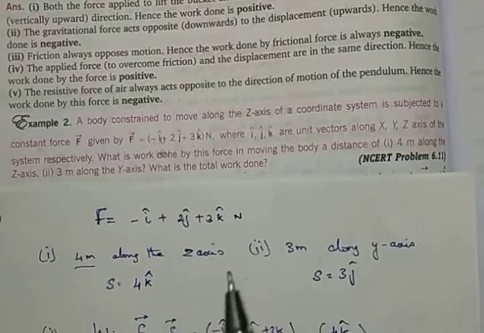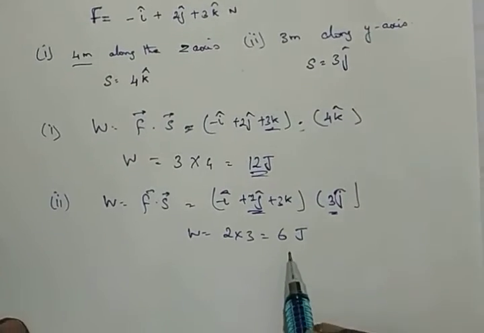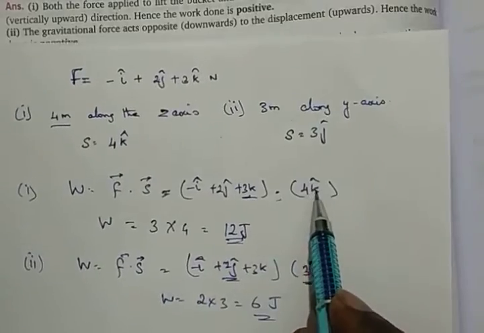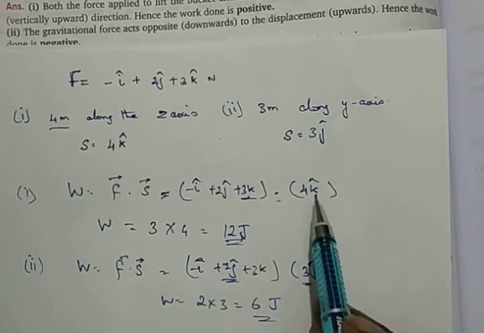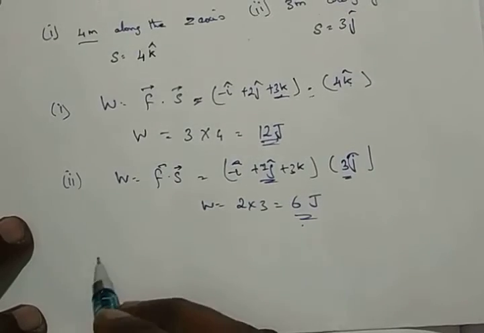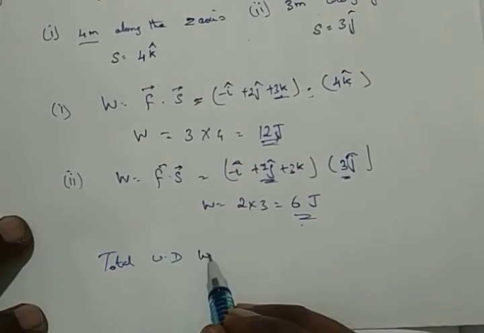What is the total work done? The first work done is 12 joules, next work done is 6 joules. Now this was from the direction of the z-axis, this was from the direction of the y-axis. Now tell me, how will you find out the total work done?